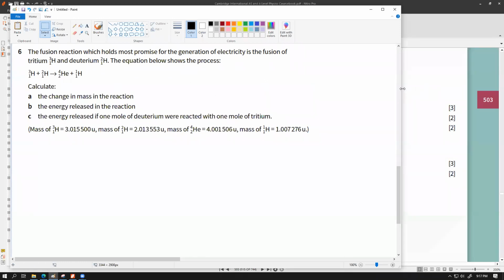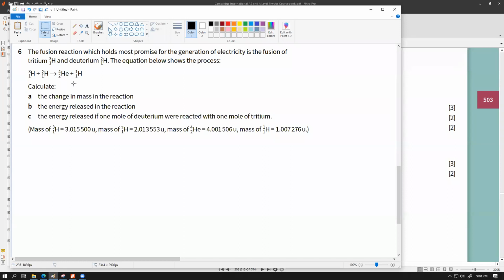Yes, sir. Notice, the fusion reaction which holds most promise for generation of electricity is the fusion of tritium 3H1 and deuterium 2H1. The equation below shows the process. So we are merging tritium with deuterium, and we are producing one helium atom, helium-4, and one hydrogen, protium, is released. Part A was calculate the change in mass in this reaction.